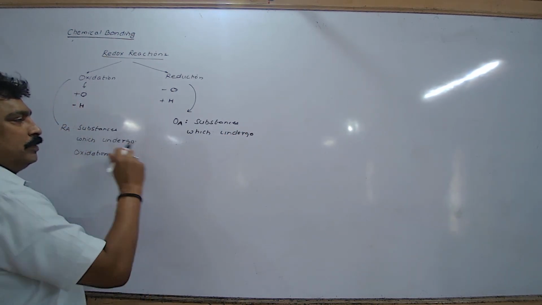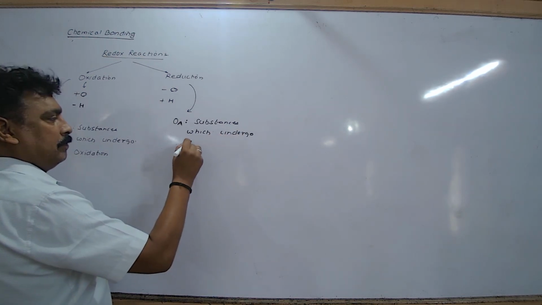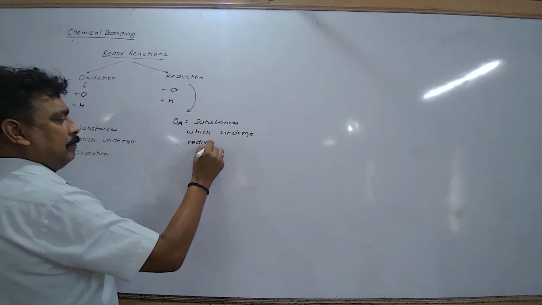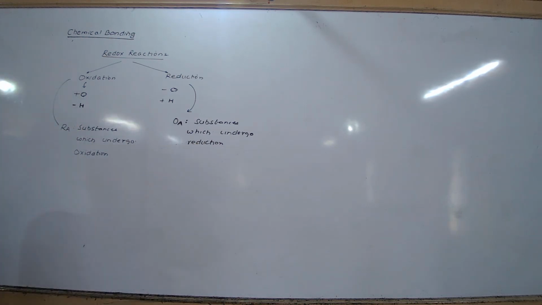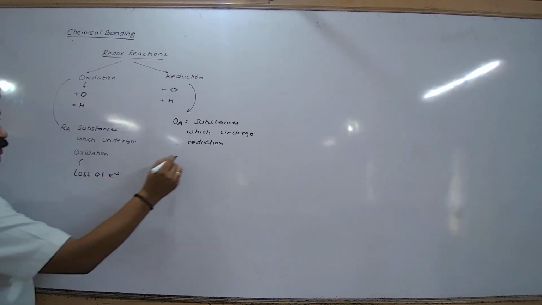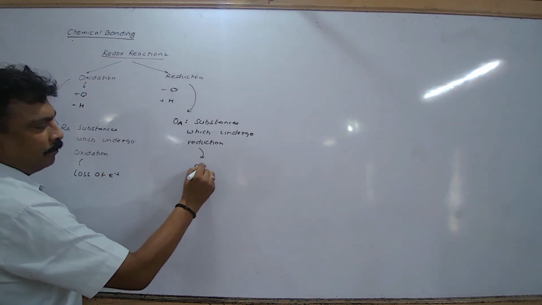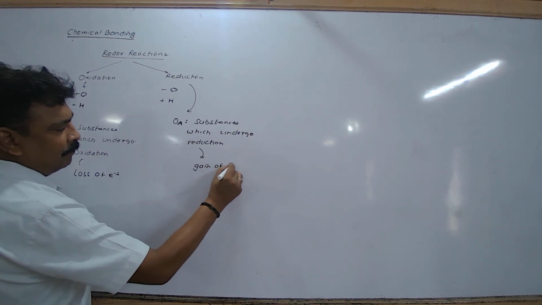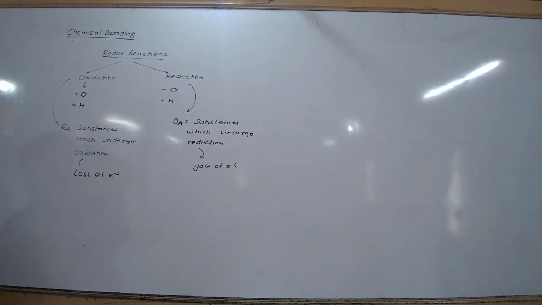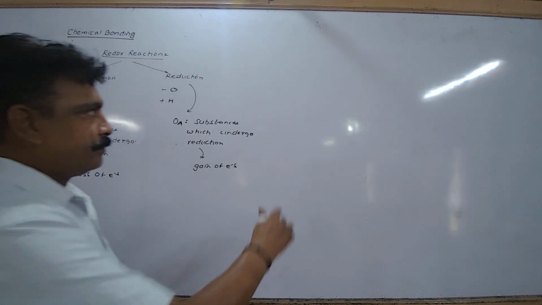There is one more definition of oxidation and reduction. What is that? Oxidation means loss of electrons. Reduction means what? Gain of electrons. Yes. Let us take an example here.